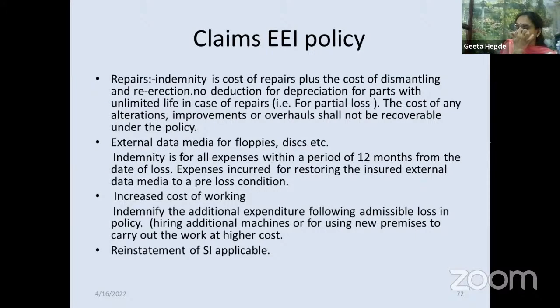So in all engineering policies, there is no depreciation for the partial loss, but for total loss, there will be depreciation. Indemnity for all expenses for a period of 12 months, increased cost of working, additional expenditure. Reinstatement of sum insured is required. All policies.